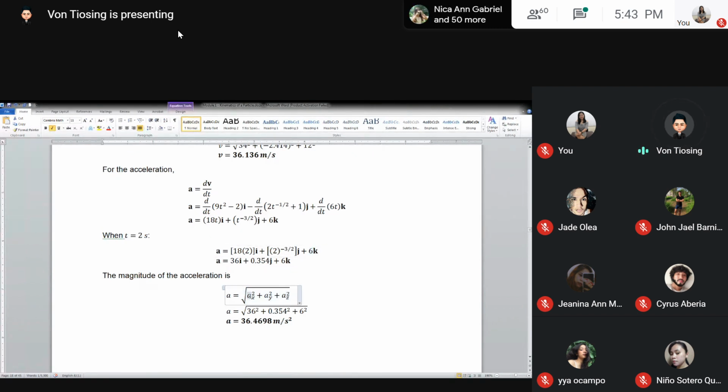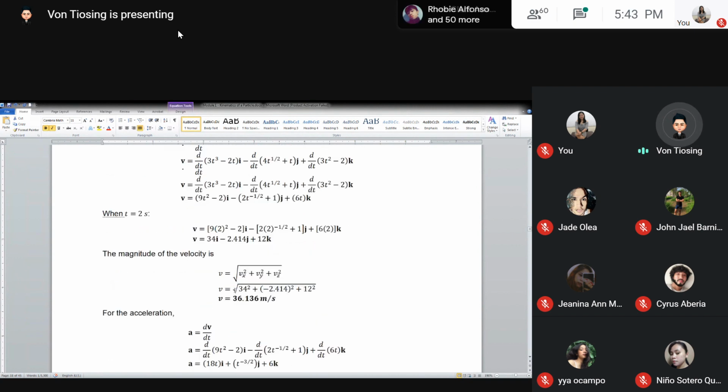So, the magnitude of the acceleration is the square root of ax squared plus ay squared plus az squared. Okay, take the square root and then 36.498 meters per second. So, counter-check ko lang yung mga values. So basically, you're just going to substitute the values, no? Dun sa formula. Ready naman yun dyan.